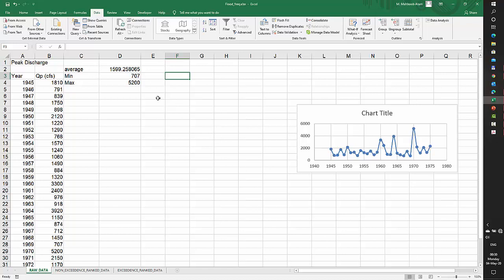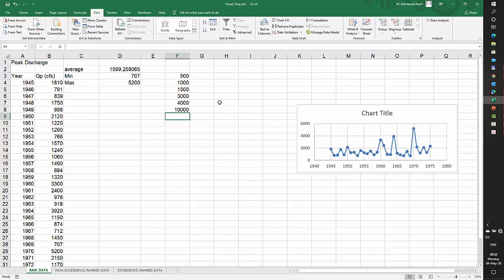So let's say, because my minimum value is 700 and maximum value is 5,200, let me start from 500, and then 1000, 1500, maybe now 3000, 4000, and let's say 10,000. Fine. This is my bin size.